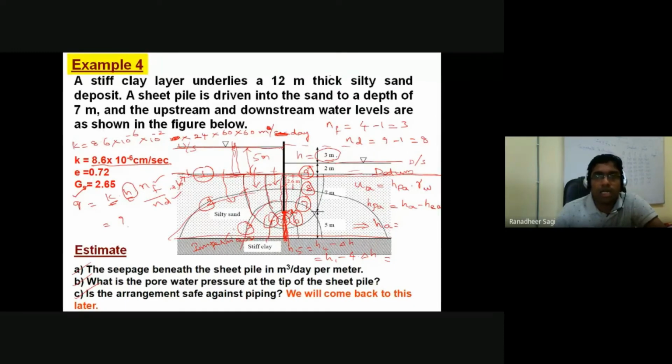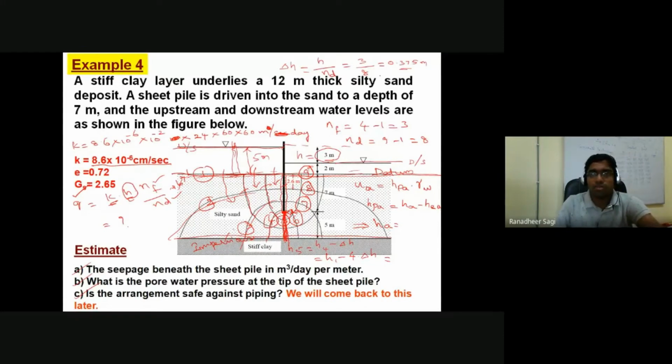And let me calculate my delta H value. What does delta H mean? It is the potential drop between one equipotential line and the next equipotential line. So how much is it? It's H divided by the number of potential drops, which is the total head difference between upstream and downstream, 3, divided by 8. So 3 by 8 comes out to be 0.375 meters, the delta H value.